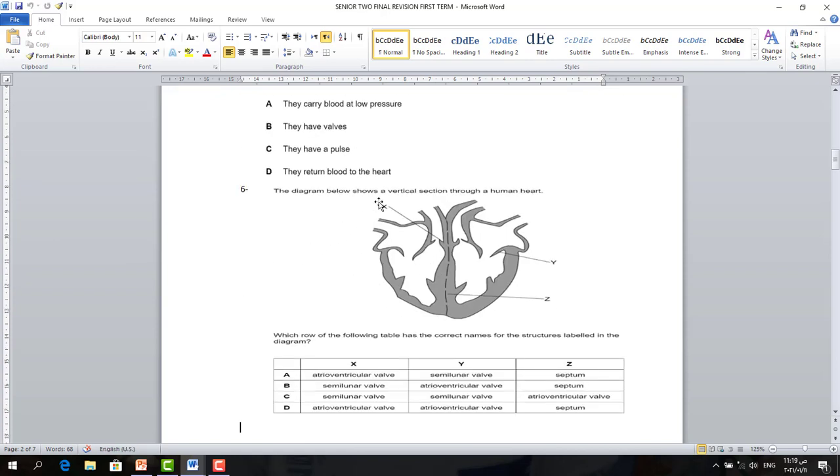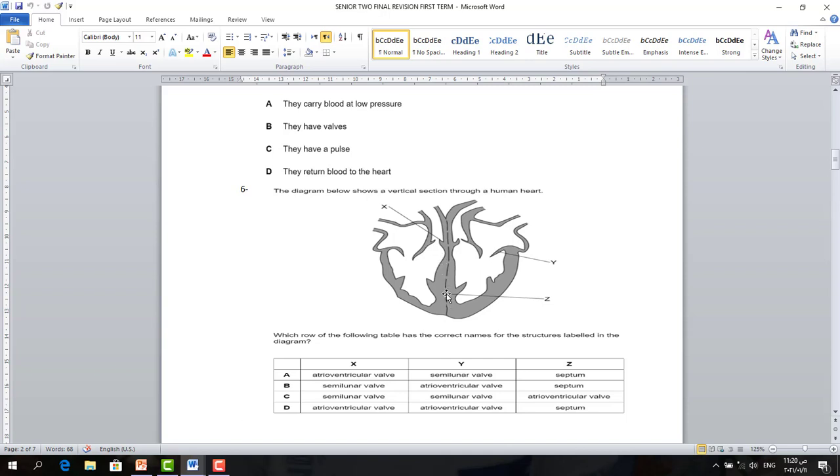The diagram below shows a vertical section through a human heart. Which row of the following table has the correct names for the structures labeled in the diagram? X is the pulmonary artery, so this valve is the semilunar valve. Here is another valve between the left atrium and ventricle, so it's the bicuspid valve.